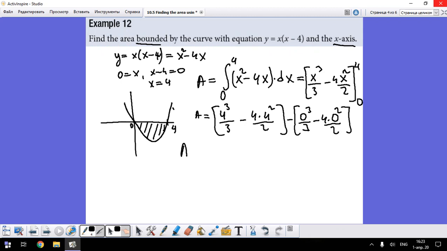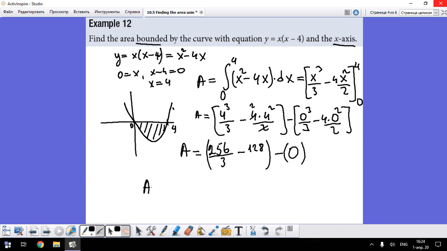And as a result, let's calculate it: 4 cubed will be 256 divided by 3 minus 2, and the 4 we can cancel out. It will again be 128, and the part in the parenthesis will be 0 if you do the calculations.